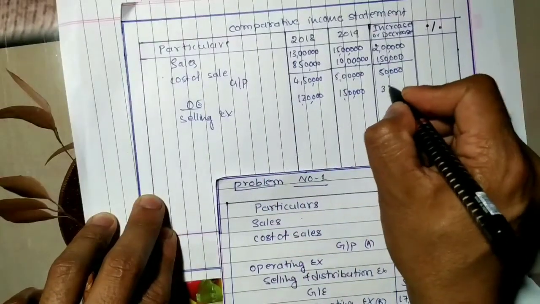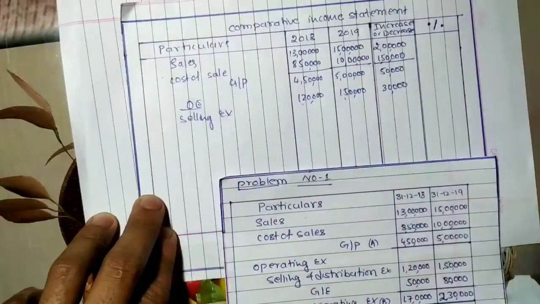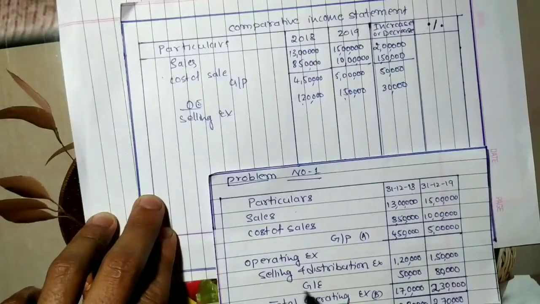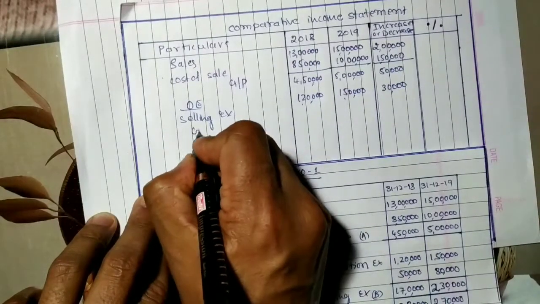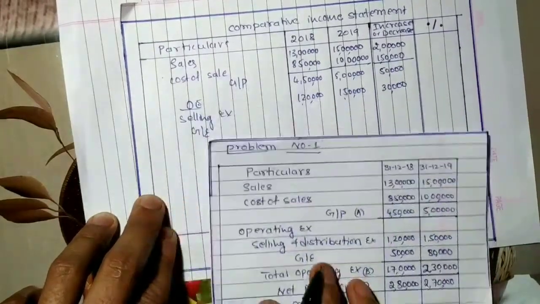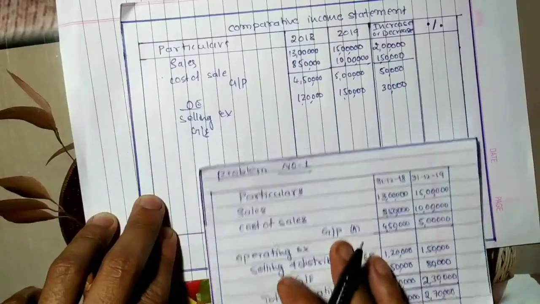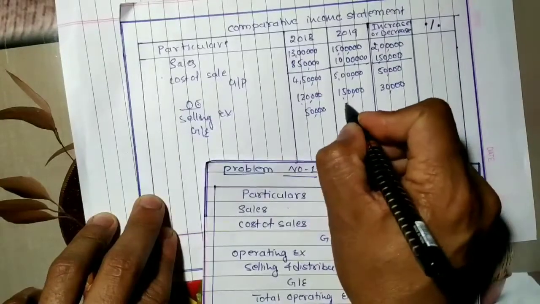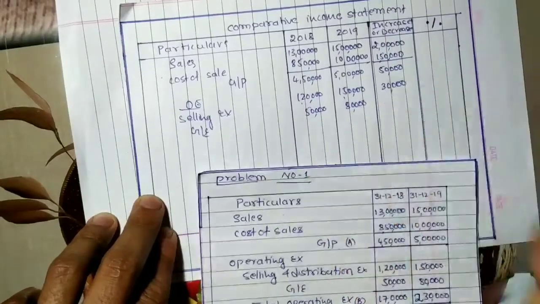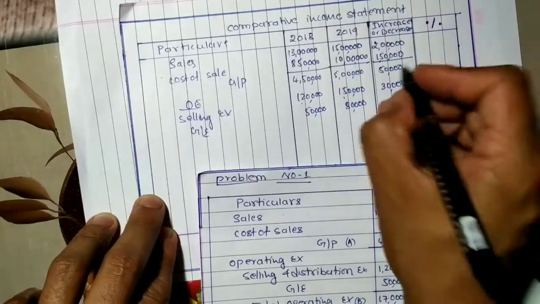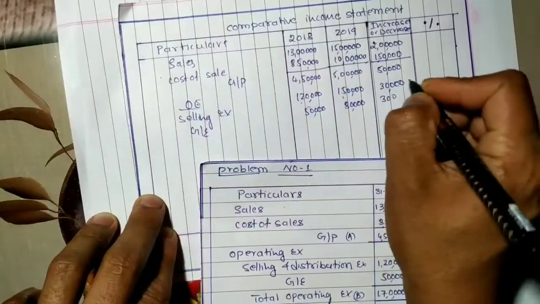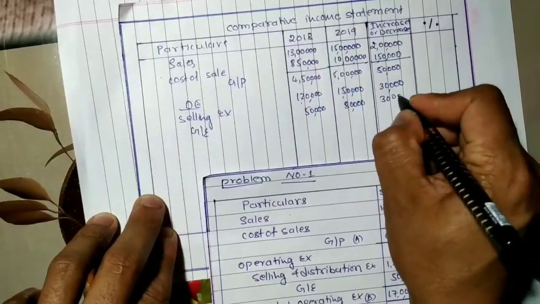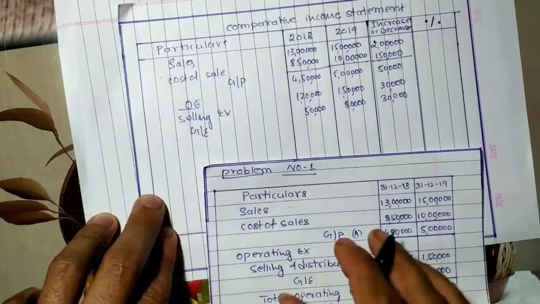That is 30,000. Next, general expenses. General expenses is 50,000 and 80,000, right? Here also increased. What is the difference? That is 30,000, right? 30,000.